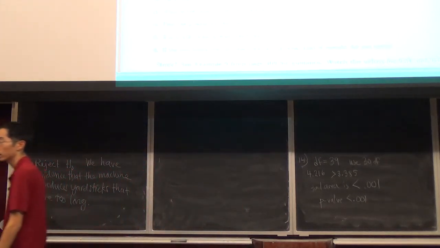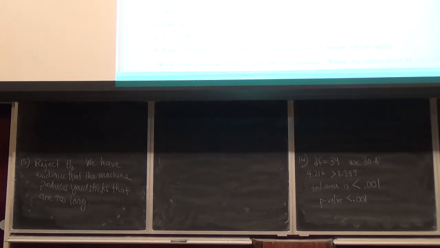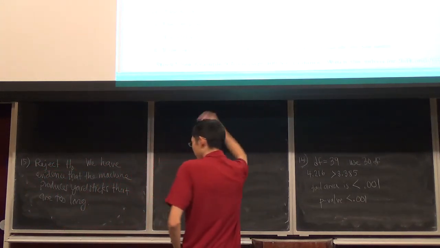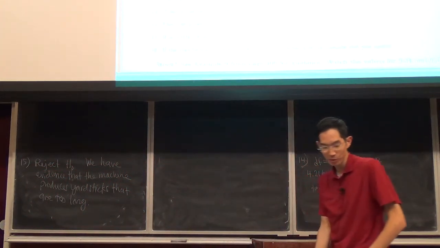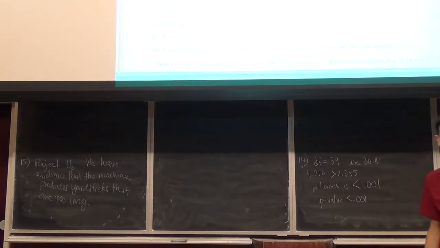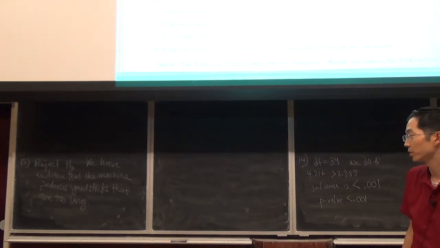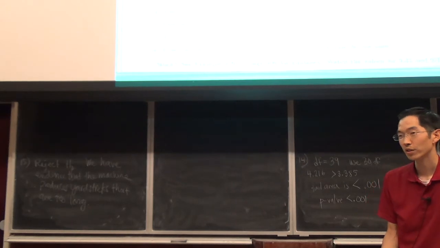Yes? I have a question. On our final, will you give us four different conclusions and we have to pick the correct one? Yes. So maybe for a final exam, the answer choices could be: reject the null hypothesis, we do not have evidence that the machine produces yardsticks that are too long.